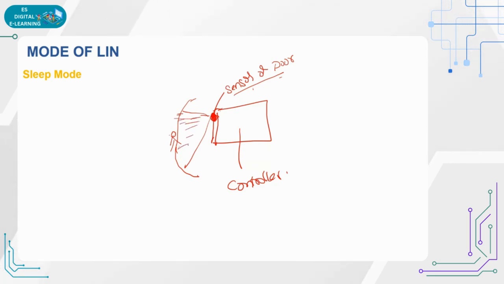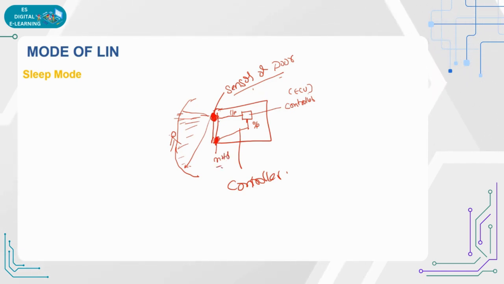Whenever the person enters, the signal sends the data to the controller, which I call an ECU. This ECU takes the input. Now my output will be the motor. The motor will start and open the door.